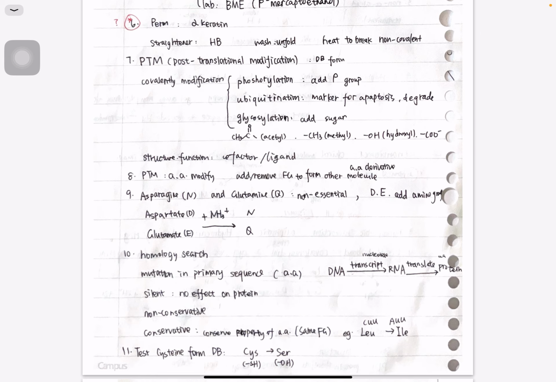And post-translational modification can also be amino acid modification. They can add or remove functional groups to form other amino acid derivatives. Like, we can take an example of asparagine and glutamine.